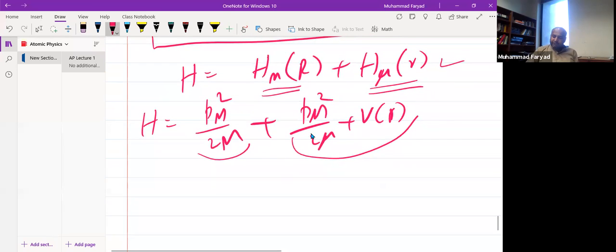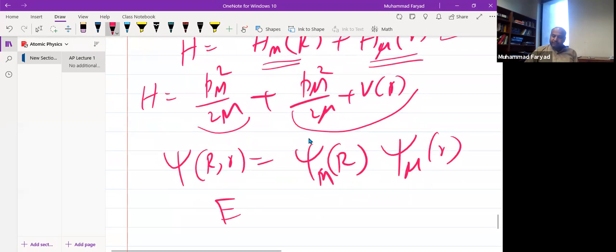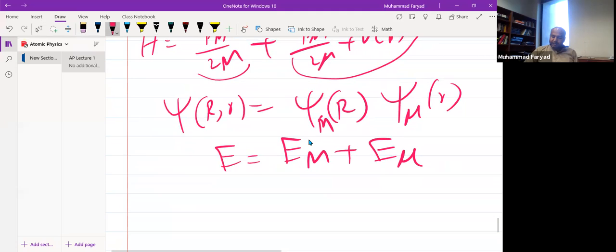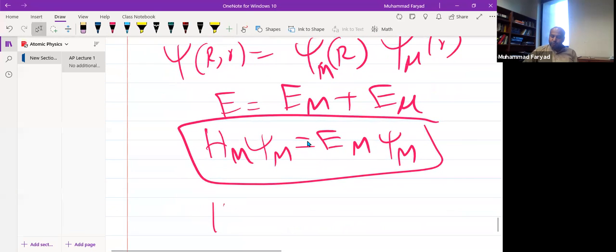So it means our final wave function is just a product of two wave functions, and the total energy is the sum of the center of mass energy and the relative energy, where psi m satisfies this simpler equation and psi mu satisfies this simpler equation than the total equation.